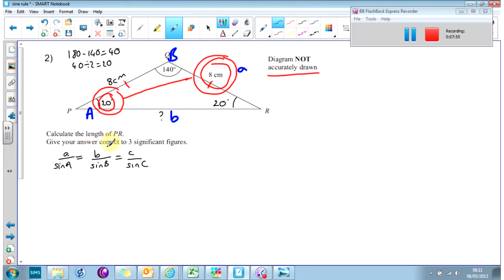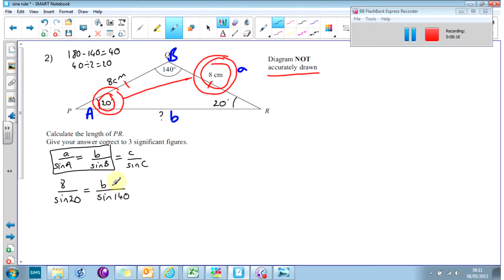So I'm going to use, once again, this bit of the sine rule here. And I can just go ahead and substitute now. So little a is 8, and that's divided by sine of 20, and it equals little b, which we don't know yet, divided by the sine of 140.